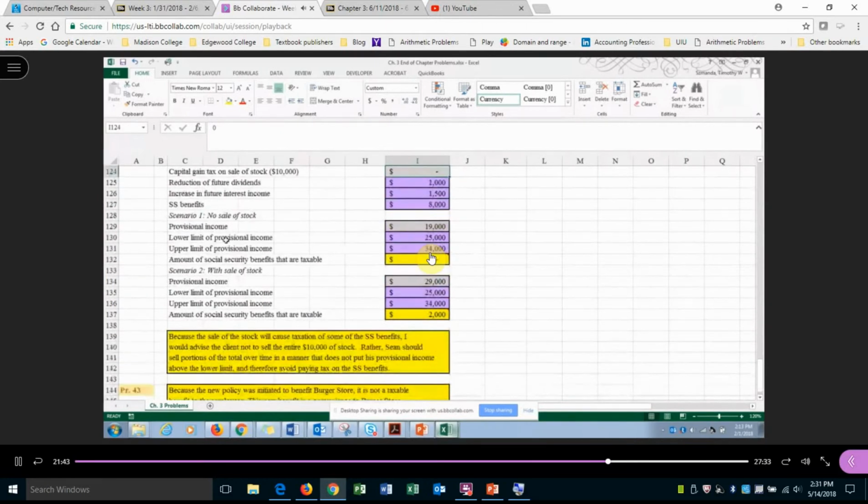All right, so in the first case, I took the provisional income of $19,000. The $19,000 is calculated as we did earlier by taking the adjusted gross income.